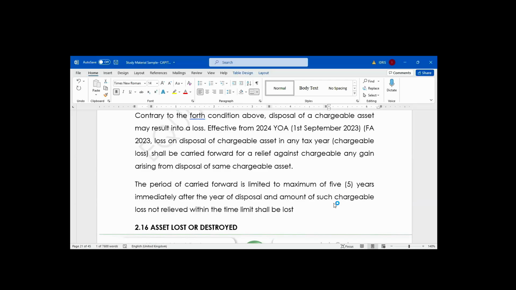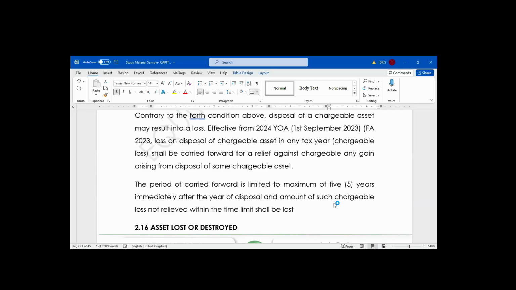That capital loss shall be deemed to have been lost finally after 5 years. Are we making sense? Yes, sir. Boluwagi Gabriel, you ask questions a lot. So go ahead. No, it's good. You need to ask questions.